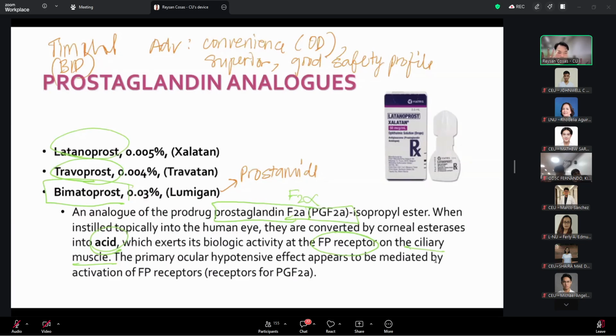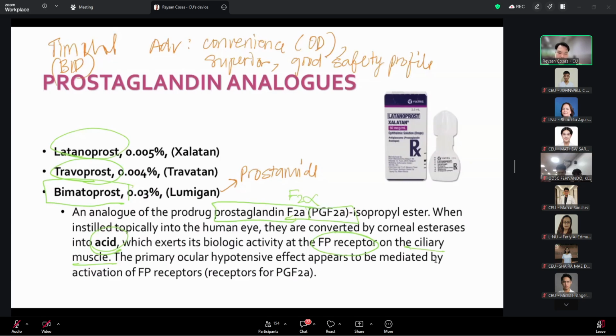So unlike the beta blockers, the prostaglandin analogs are convenient because you just administer them once and then they provide better diurnal IOP control, okay?